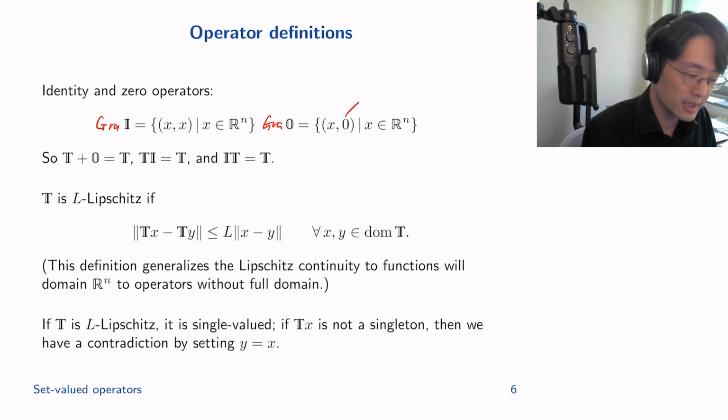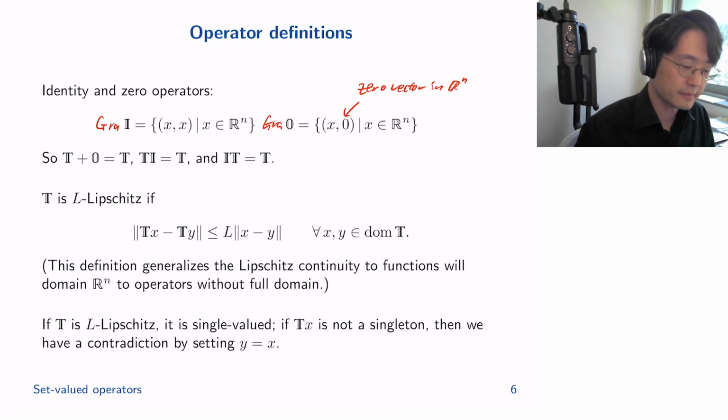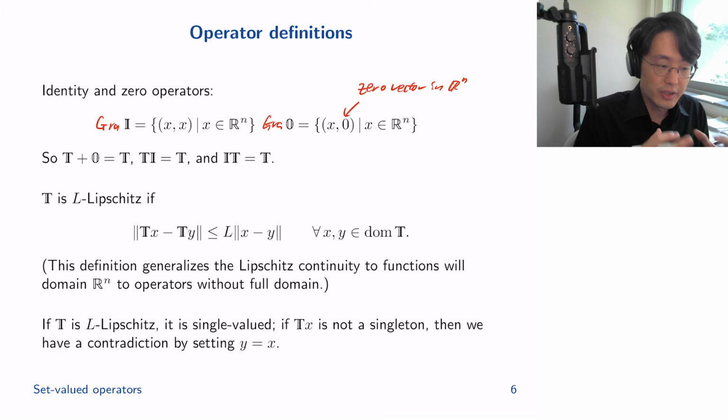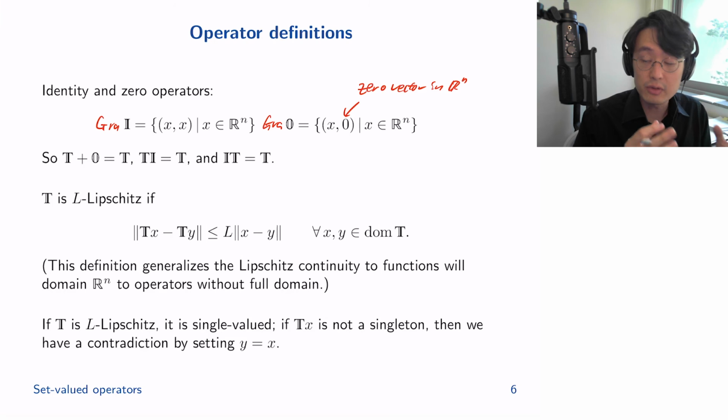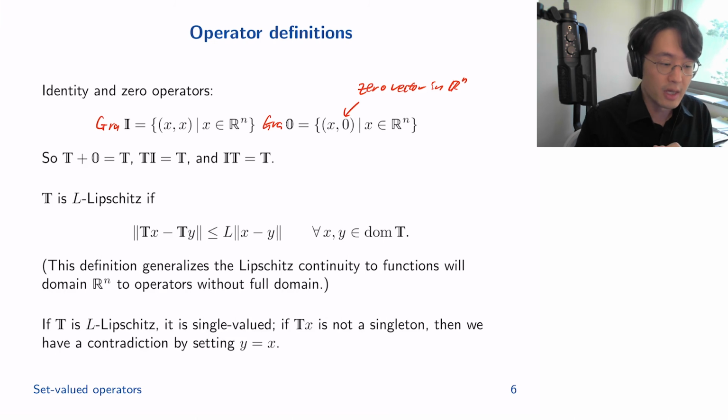And by the way, this is the zero. It's not the scalar zero. It's the zero vector in R^n. So when you're using these definitions, in this class, not only do we overload scalar and vector notation, so the zero can refer to the scalar zero or the vector zero, which is standard in regular linear algebra and applied mathematics, but we also heavily overload multi-valued and set-valued operations.